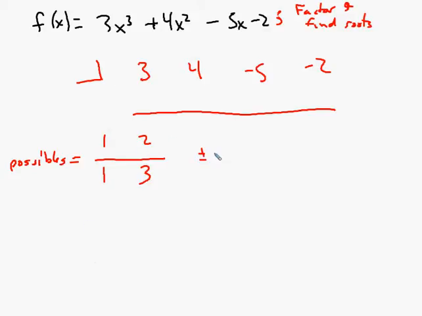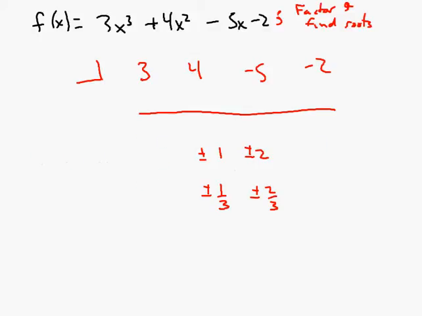So I have plus or minus 1, plus or minus 2, 1 over 1, 2 over 1, and then I have 1 over 3 and 2 over 3. Any questions on where I get that? These are my possibles. So I don't have that many to test. I have a total of 4 times 2, so 8 to test.